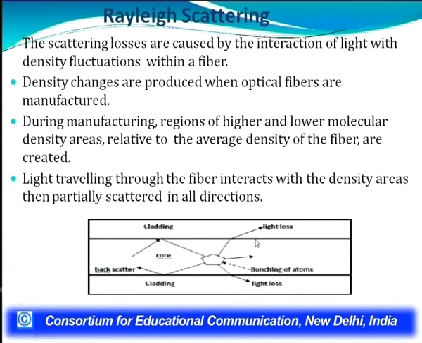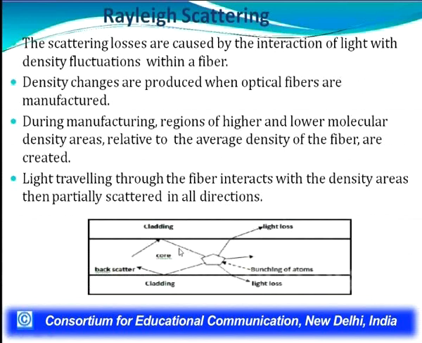Now Rayleigh scattering, how do we define it? Here the signal is dispersed or lost at the surface. The scattering losses are caused by the interaction of light with density fluctuations within the fiber. Density changes are produced when the optical fiber is manufactured.